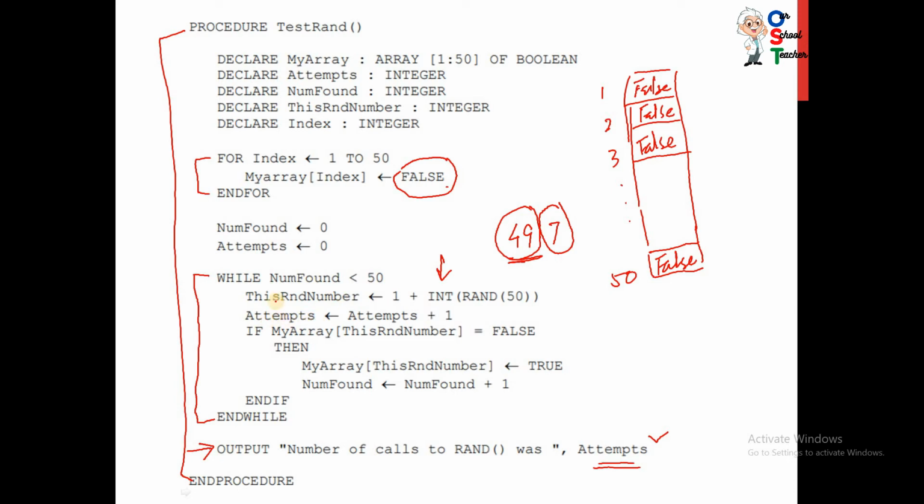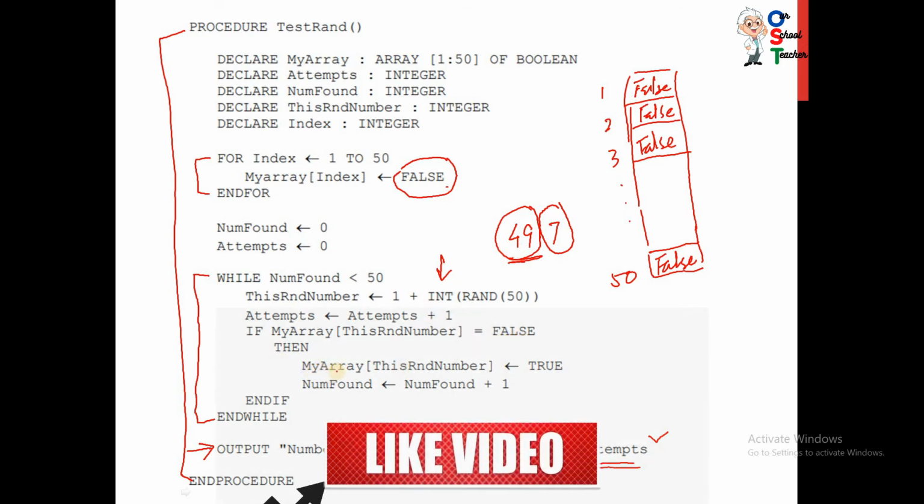Then attempt, because all the attempts, how many attempts have been taken, they are to be recorded. So attempt is equal to attempt plus 1. Then it is checking if this RND number, for example 50, is equal to false. If still it is false, then my array, this RND number will become true.